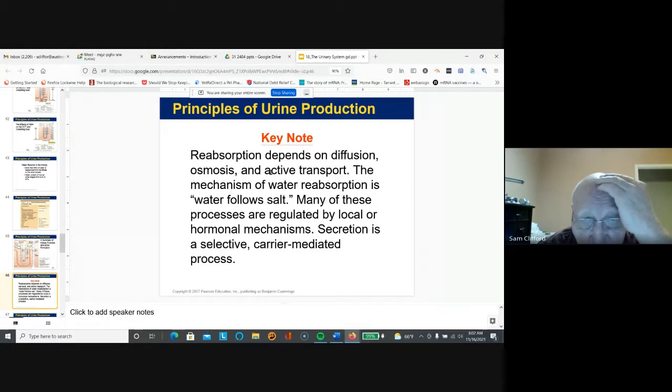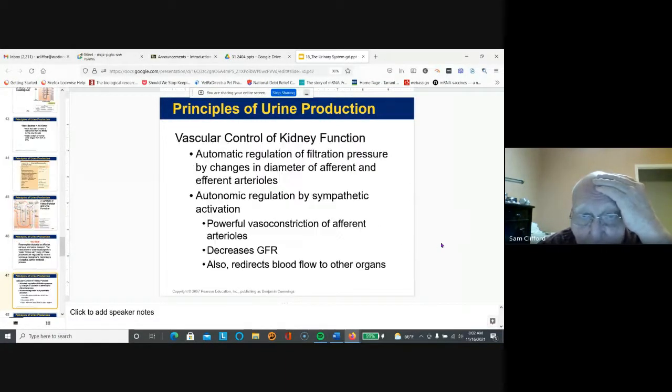So there's some diffusion. Osmosis is a major factor because water moves, it follows the salt. And you can also have special channels that pump sodium and chloride, for instance, out of the ascending limb.